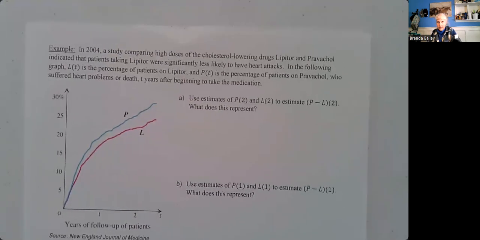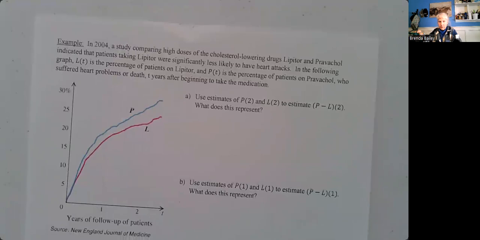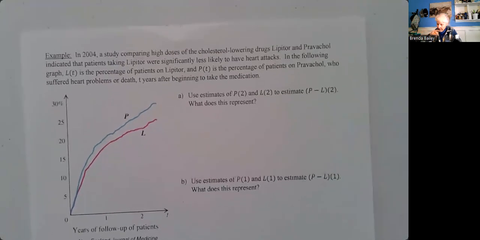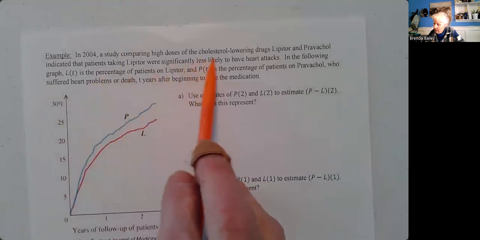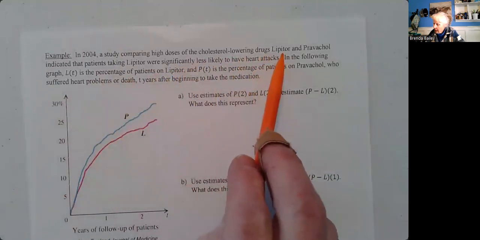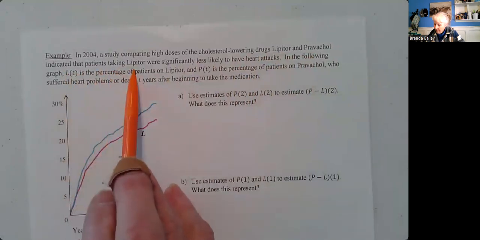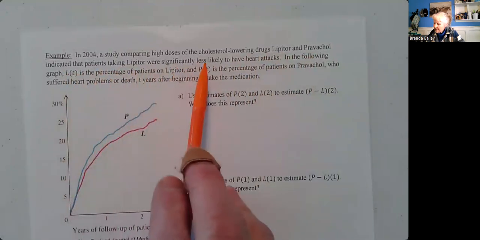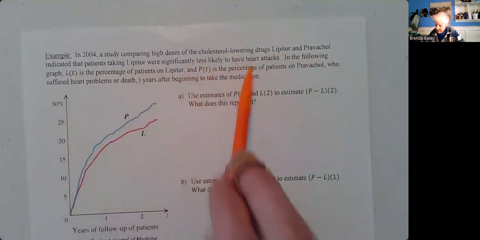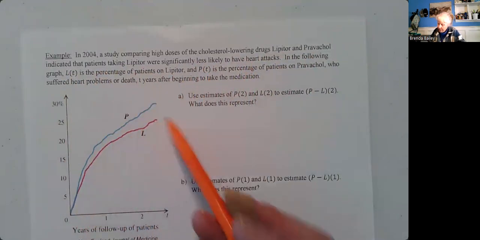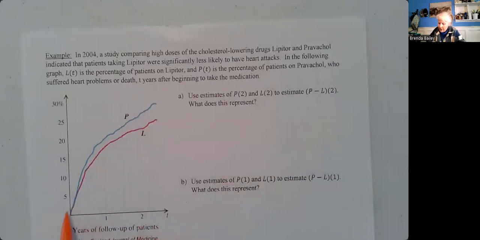So looking at this right here, sorry, I'm going to straighten that out. In 2004, a study comparing high doses of cholesterol-lowering drugs, Lipitor and Provachol, indicated that patients taking Lipitor were significantly less likely to have heart attacks. So here we've got follow-up and the percent of having a heart attack along here.